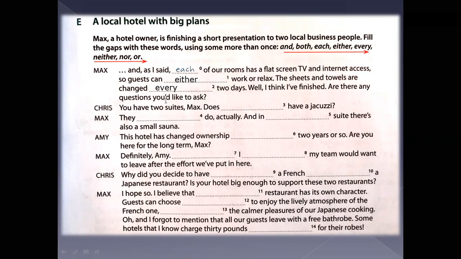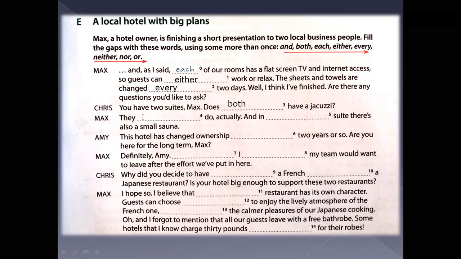Are there any questions you would like to ask? You have 2 suites, Max. Does each have a jacuzzi?